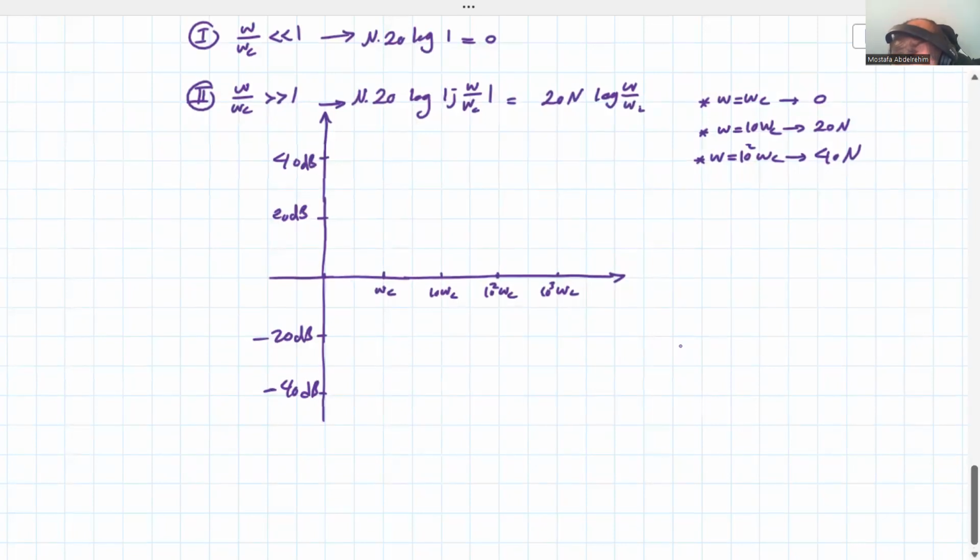This is 0.1 omega c. When omega over omega c is much less than 1, we have 0.